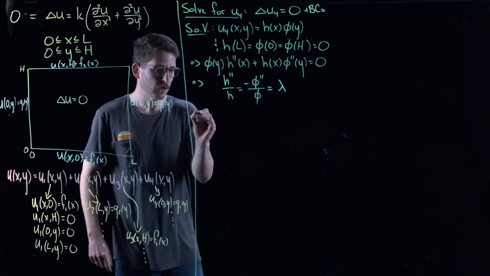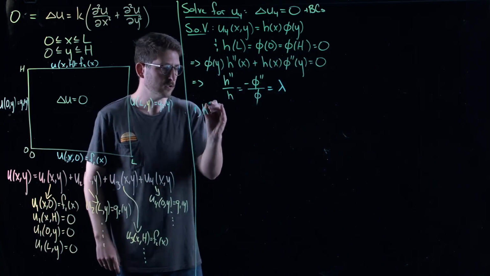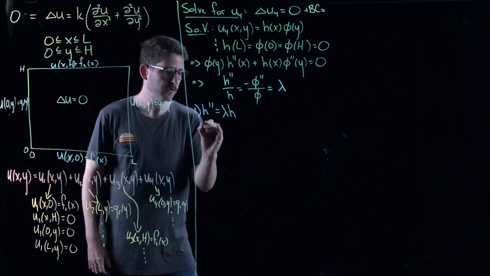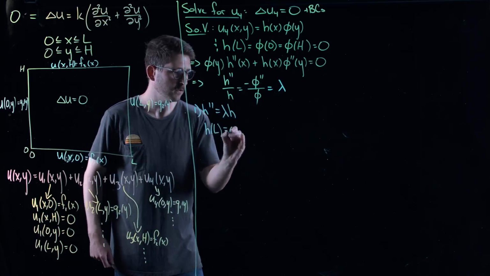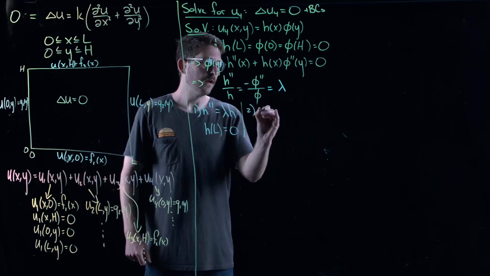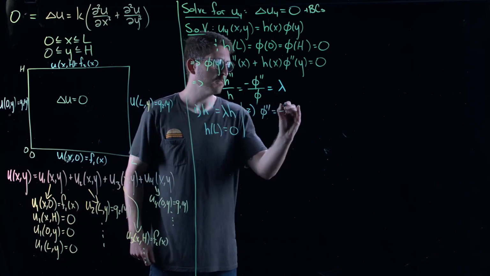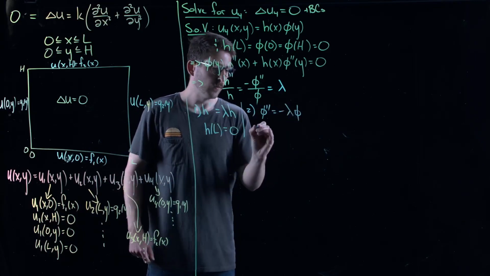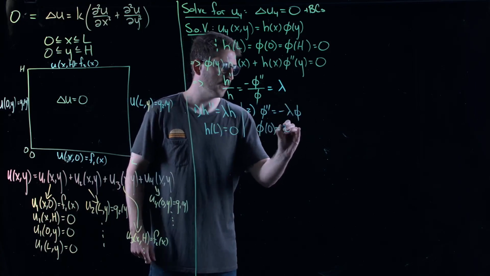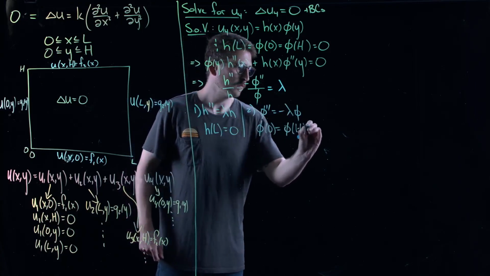Okay, so you get two equations. H double prime is equal to lambda h, and that has boundary condition h of L is equal to 0. And you get the second equation, phi double prime is equal to minus lambda phi, where phi of 0 is equal to phi of h, which is equal to 0.